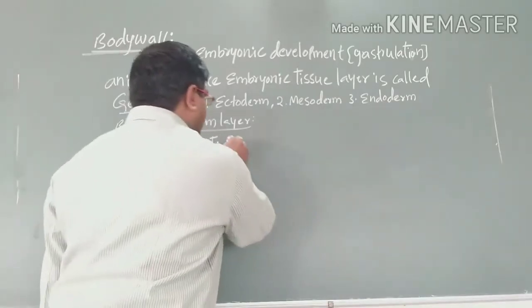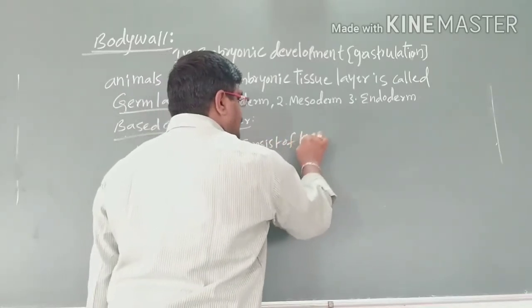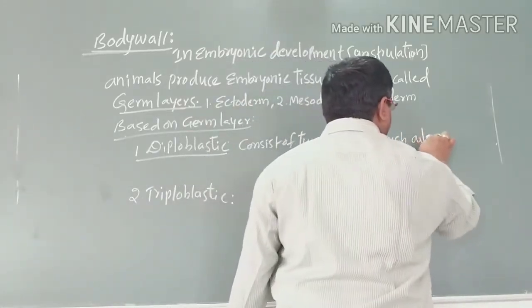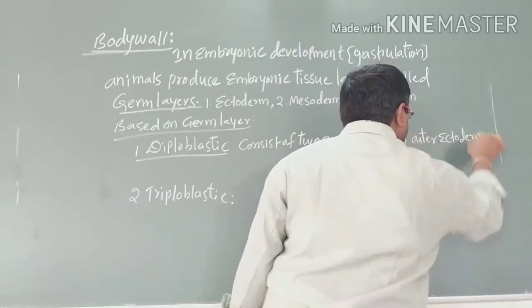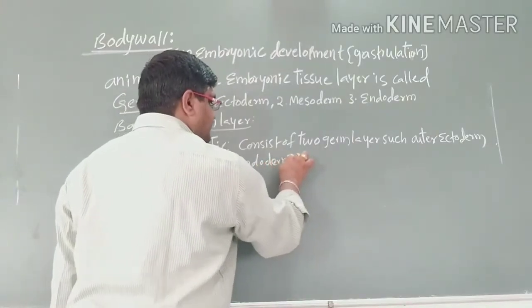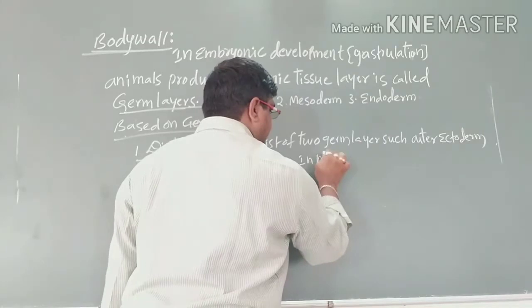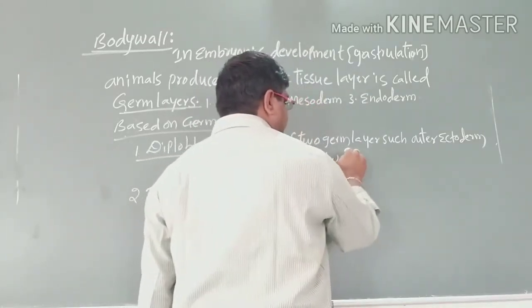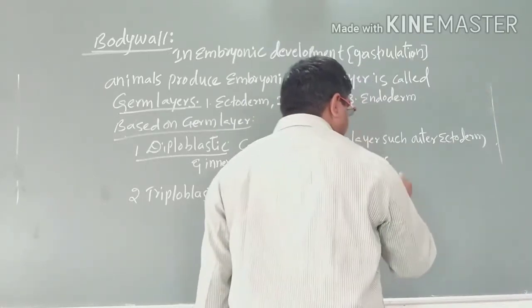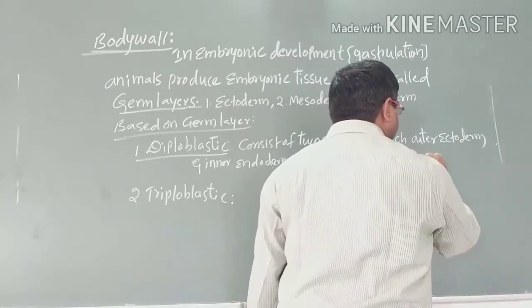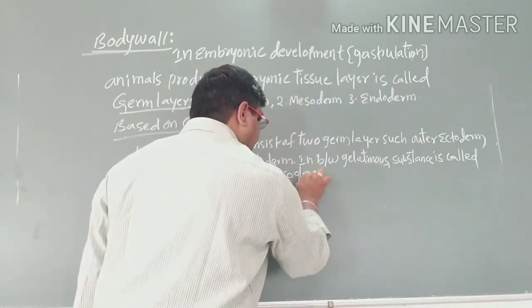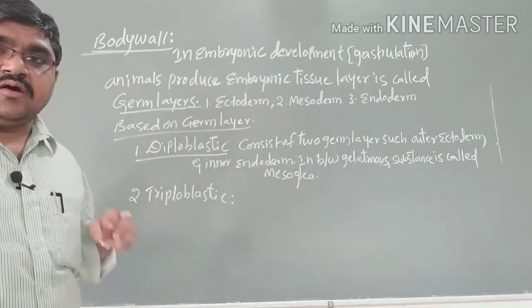Diploblast means consisting of two germ layers, such as the outer ectoderm and inner endoderm.